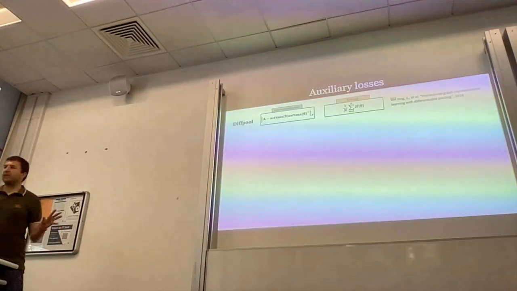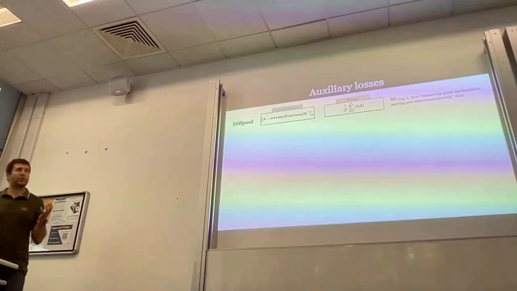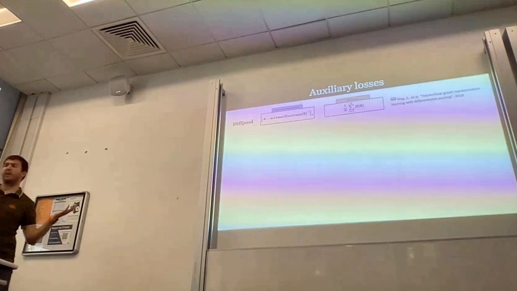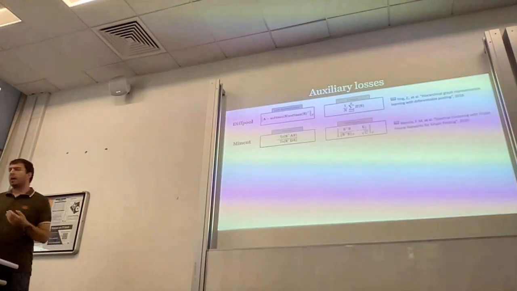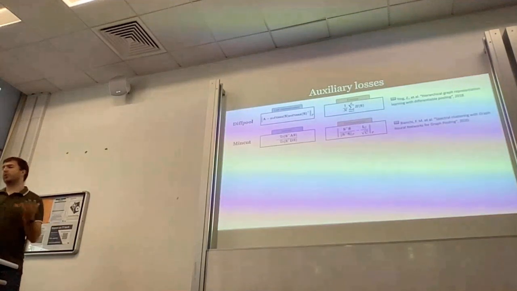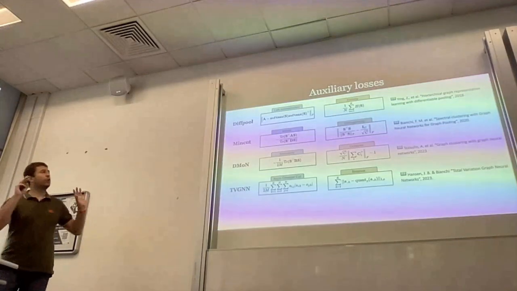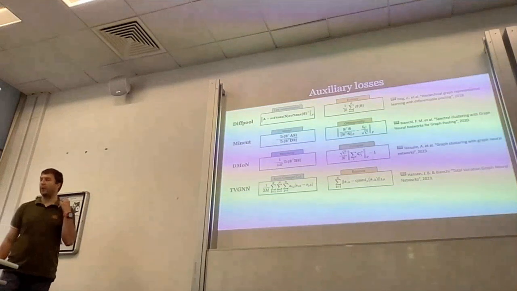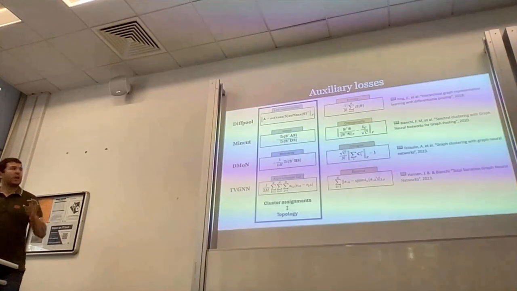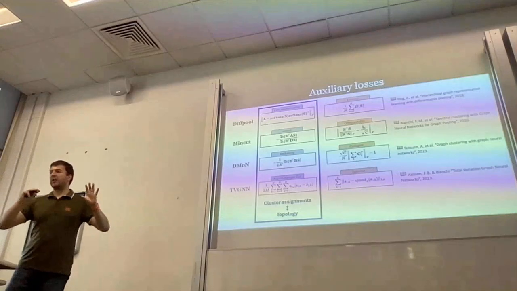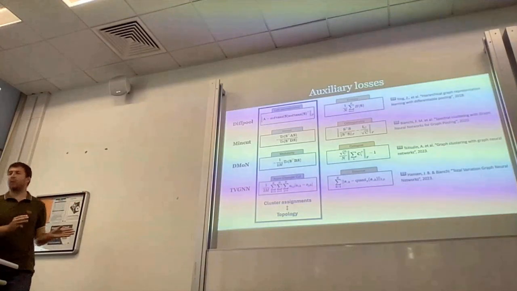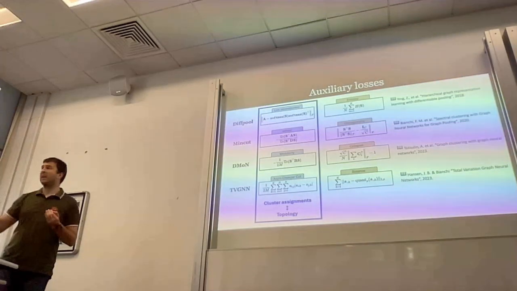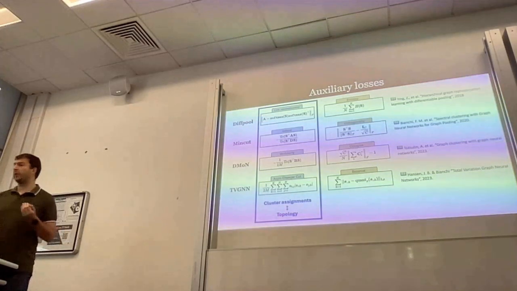There are many different auxiliary losses and different approaches implement these losses differently. For example, DiffPool uses a link reconstruction loss and some entropy. MinCut uses a min cut loss and some orthogonality term and so on. I don't want to go into the details of these methods, but what I want you to think about is that the job of some losses is to ensure that there is some consistency between the topology of the graph and these cluster assignments that we are learning.